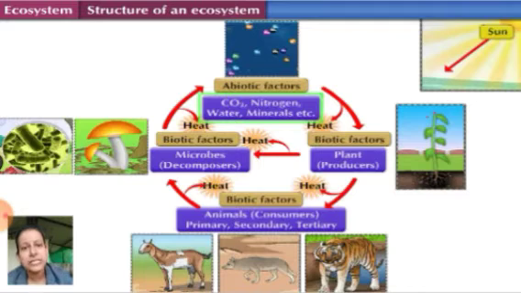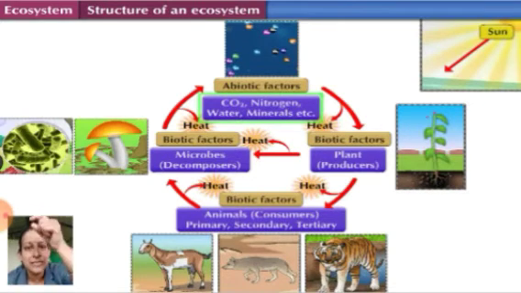So here you see that the food is getting transferred from one organism to another. Finally it is released into the soil and into the atmosphere. So there is a cyclic flow of these nutrients or the food, whereas energy is also transferred from one level to another, but it never goes back to the sun. The sun gives the energy but it never goes to the sun, so we cannot say that it is a cyclic one.